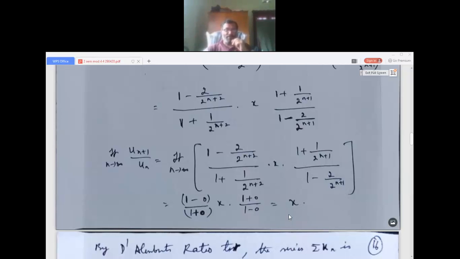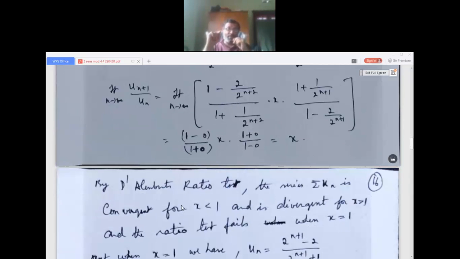So how do we proceed? We write the rules of D'Alembert's ratio test. What we write? By D'Alembert's ratio test, the series sigma un is convergent for x less than 1, divergent for x greater than 1, and the ratio test fails when x equals 1.